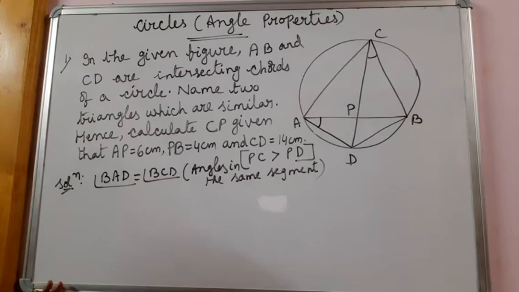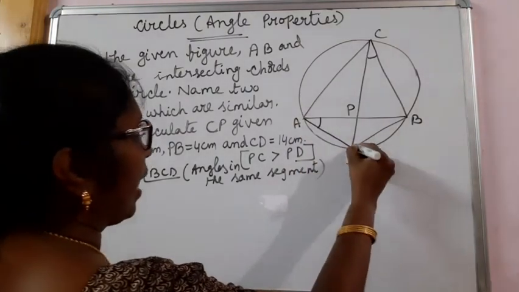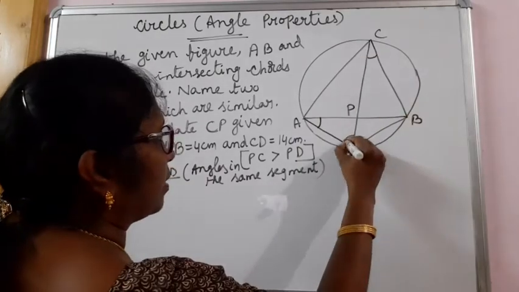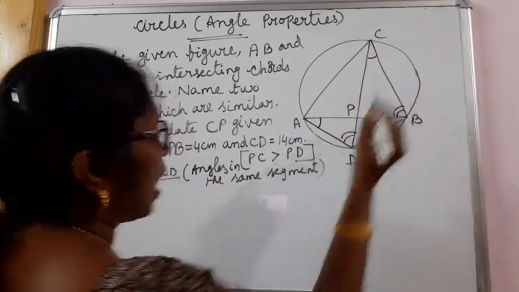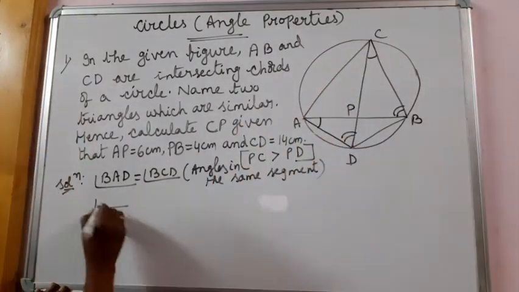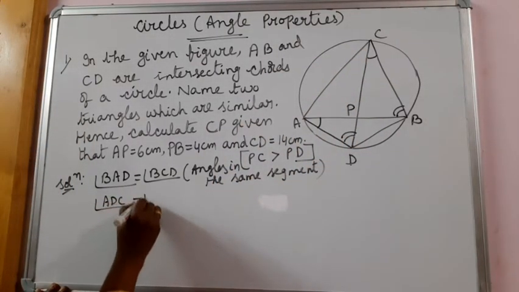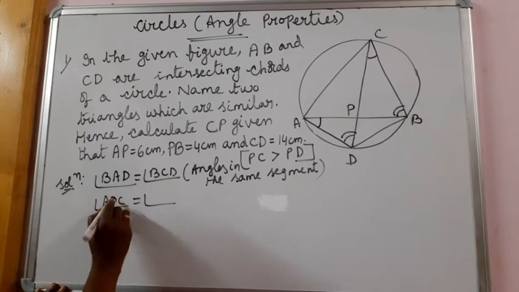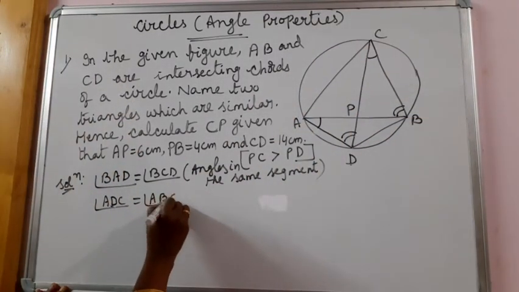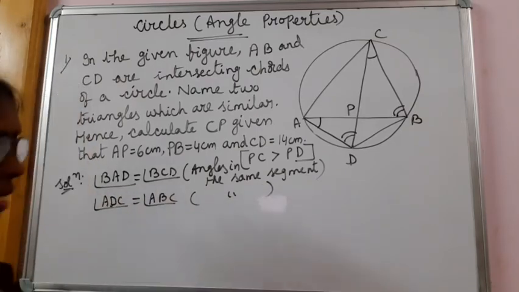Same way, we can see angle ADC and angle ABC, they are also angles in the same segment. Angle ADC is equal to angle ABC because of the same reason.